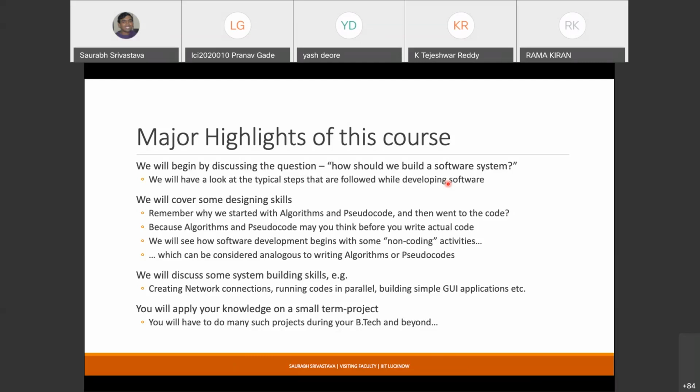The same thing is here: when you start building systems, you'll realize all this programming that you are learning, what is the purpose of it? The major purpose as a computer science graduate is to build systems that make people's life easier, right? So this is the first step in your journey on how we should build a software system.